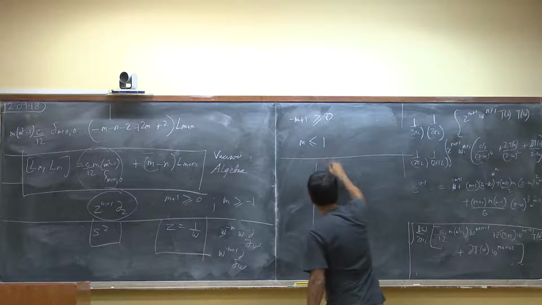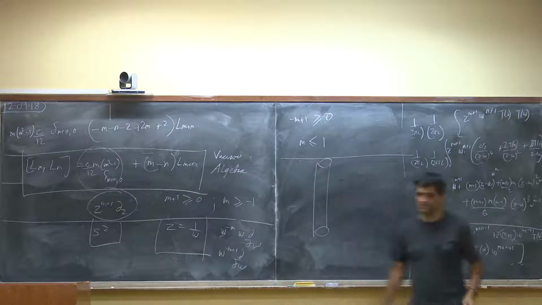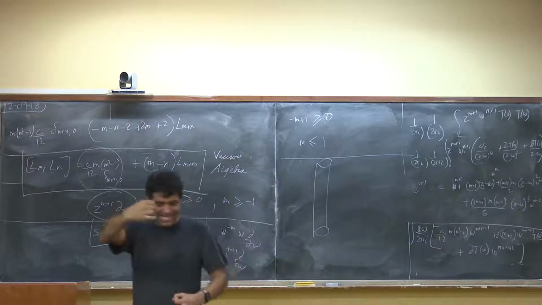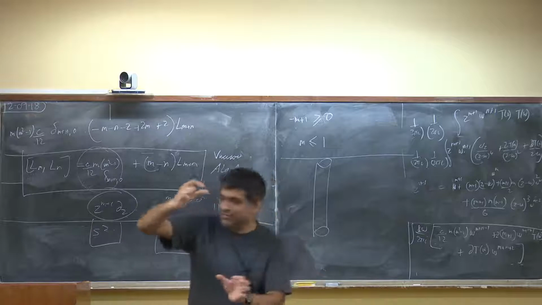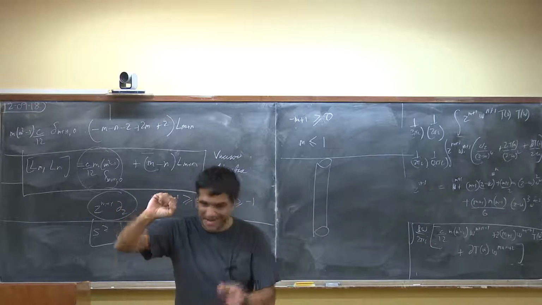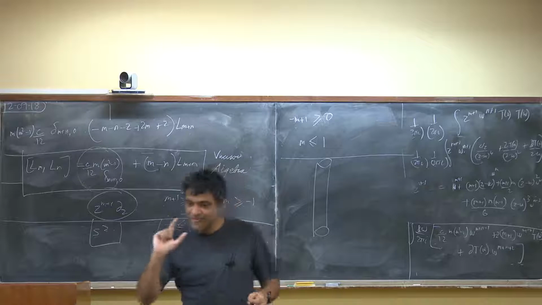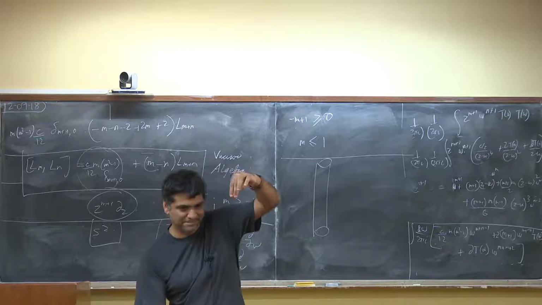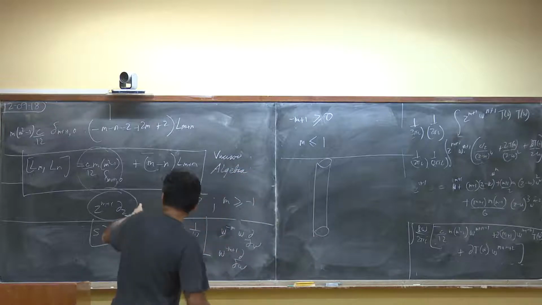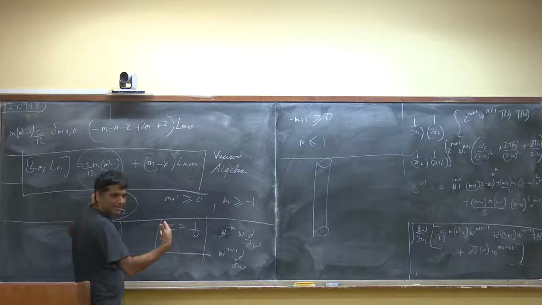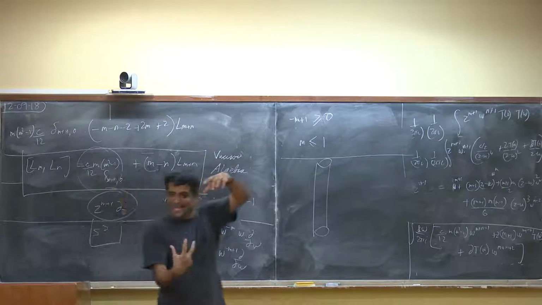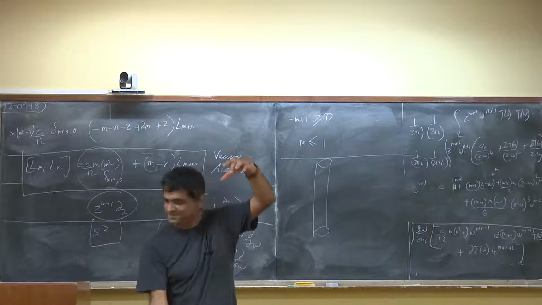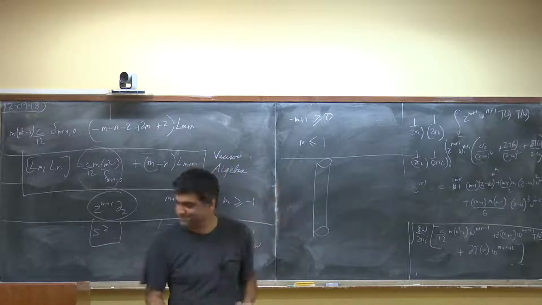Suppose I had this theory on the cylinder, and I wanted to do some symmetry transformations on states. The fact that this field is well behaved both at 0 and infinity will basically transform to the statement that the vacuum of the theory, as we will see very soon, is annihilated by all these 3 operators: L0, L minus 1, and L1.